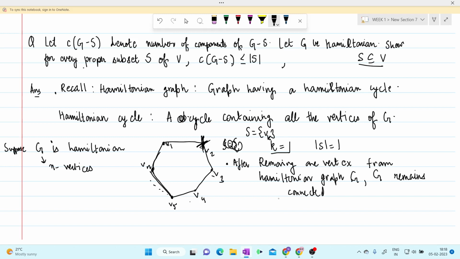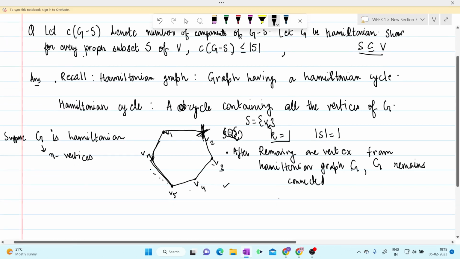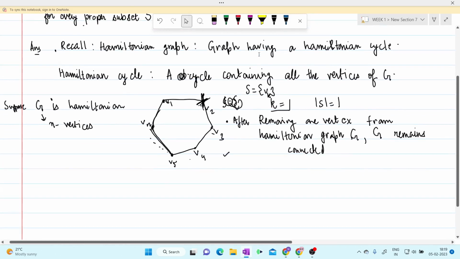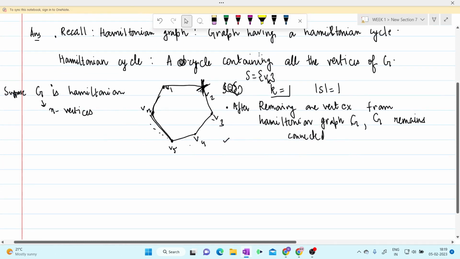If I remove V2, I am left with V1, V3 and the rest, all connected by a path. So the graph remains connected. For s equal to 1, when removing one vertex, this theorem remains true.